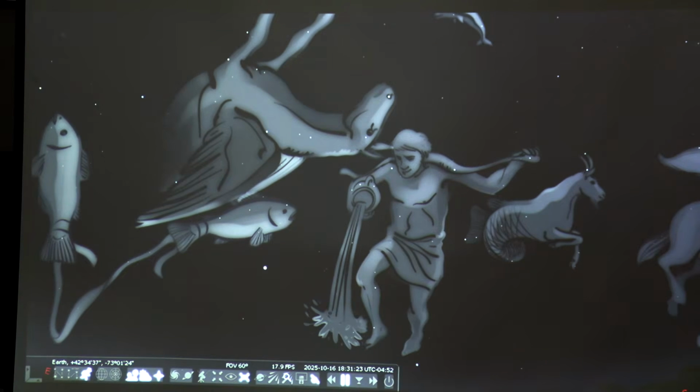All right, what is going on with a half a goat and a half a fish? Okay. Well, the Greeks in their stories, you may be more familiar with the centaurs, right? But the Greeks also had the half goat, half person characters. And the god Pan was one of them.